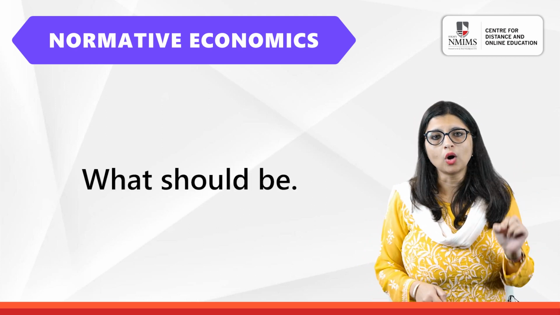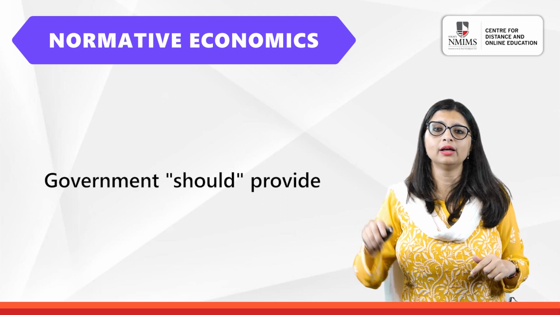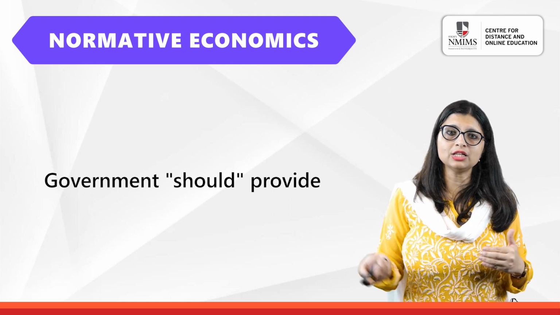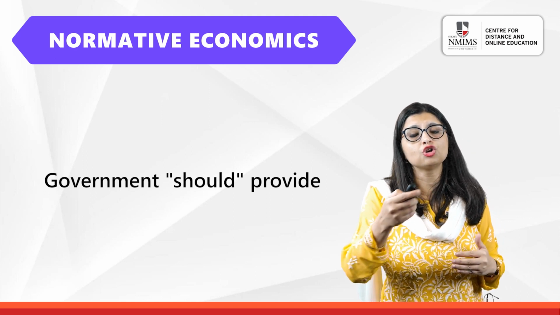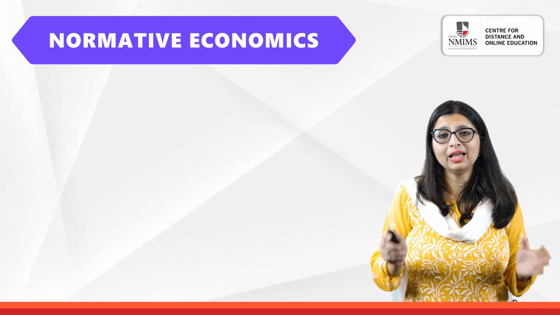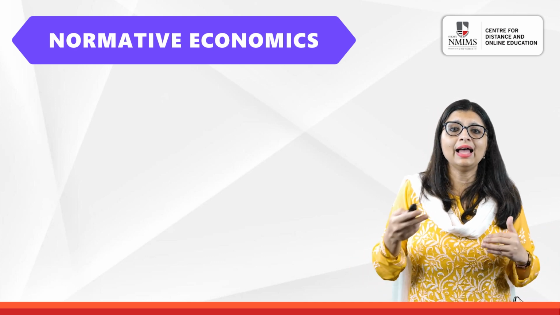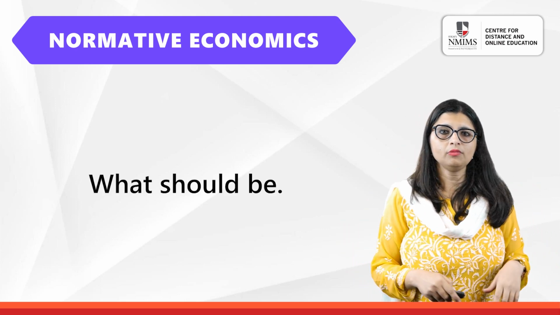Here I have used the words "the government should provide." That clearly shows that it is my personal opinion that it should provide. Whether it is true or false, or how it should be acted upon, is not mentioned. That is my personal perspective and satisfies the requirement of what should be.